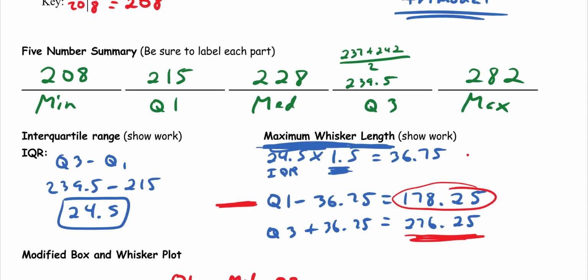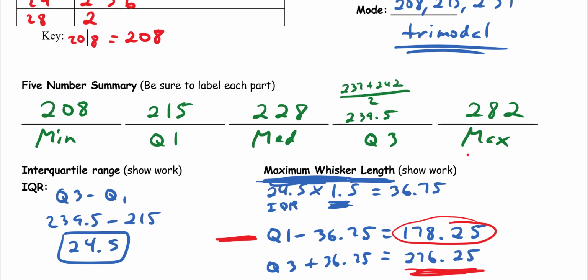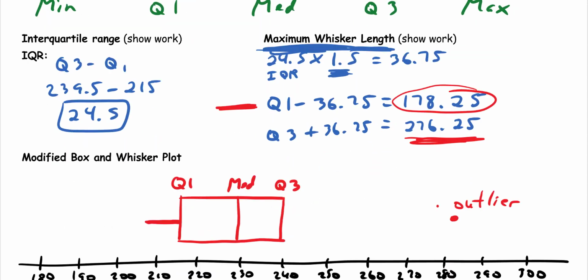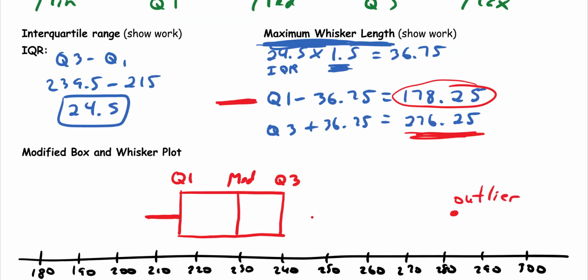And so let's go to the next point and see if that's an outlier. The next one is 246. Oh, we're good. 246 is certainly less than 276. So at 246, which is right about here, you're going to draw your whisker. Again, I know you'd love to extend that whisker farther out here, but there's no data point there.